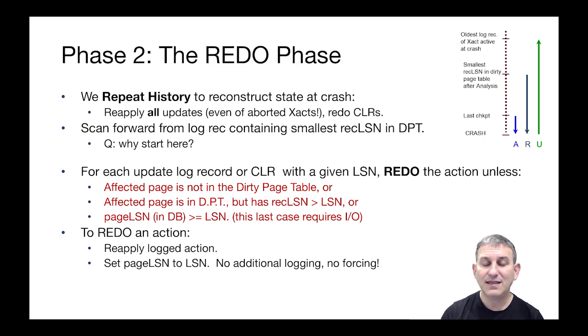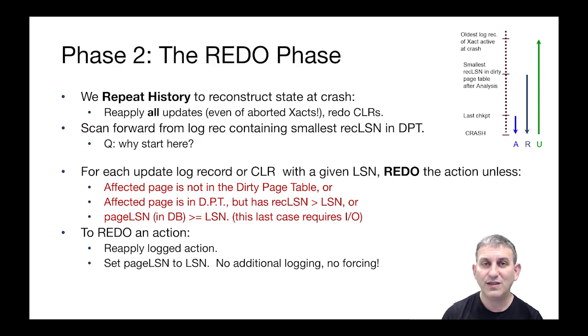The second case is that the affected page is in the dirty page table, but it has a recLSN that's later than the current log record we're looking at. In this case, what's dirty about this page is something that happened after the log record we're currently looking at, and the log record we're currently looking at has in fact been flushed to the database. The third possible case is we actually go down to the database to apply the redo.